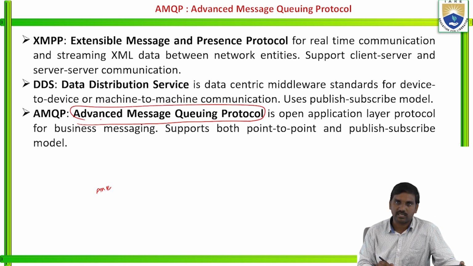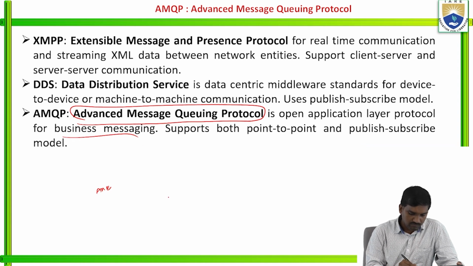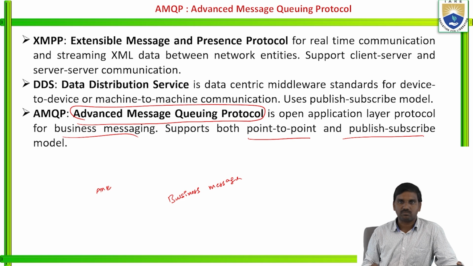Right now I am going to explain this one. It is an open application layer protocol for business messaging. The main application of AMQP is business messaging, and it supports both point-to-point and publish-subscribe communication models. This is the main introduction of AMQP.